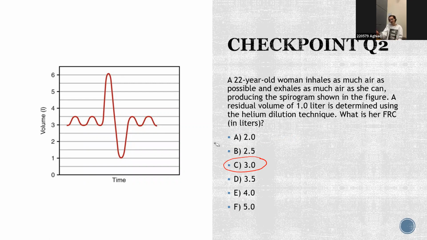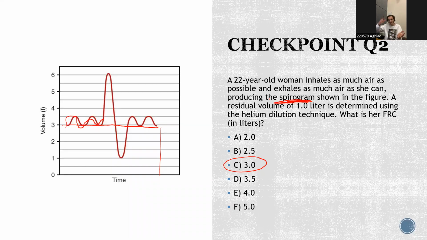As you can see by the graph here, this is the tidal volume. Below that tidal volume, all the way down, would be the functional residual capacity. This is the spirogram. If you guys remember, the spirogram doesn't measure the residual volume.